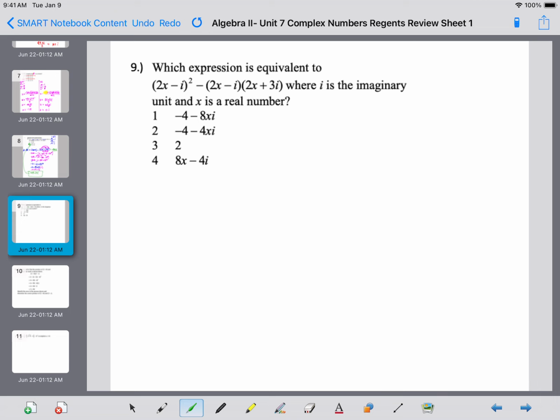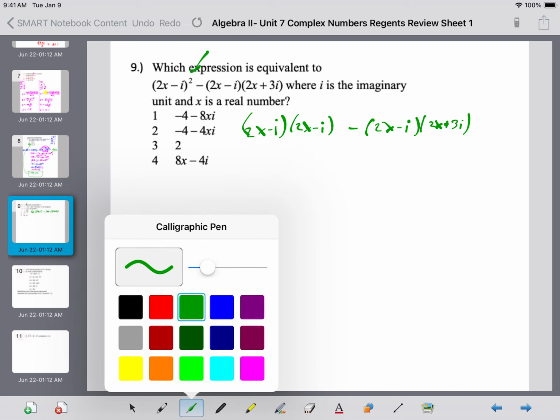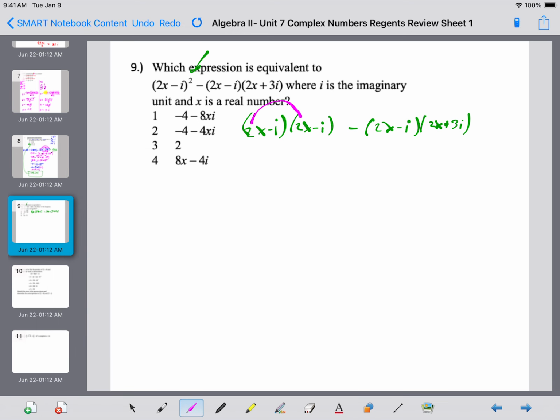But let's do it. We have 2x minus i times 2x minus i, right? Because there's a square, minus 2x minus i times 2x plus 3i. So we're going to have to distribute. 2x times 2x, 4x squared. 2x times negative i, negative 2ix.